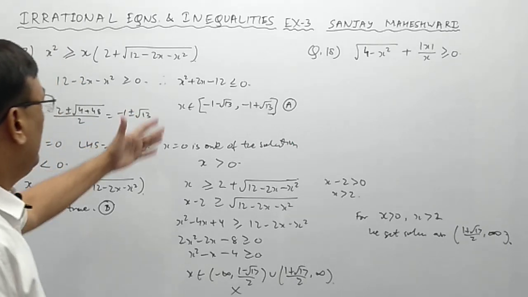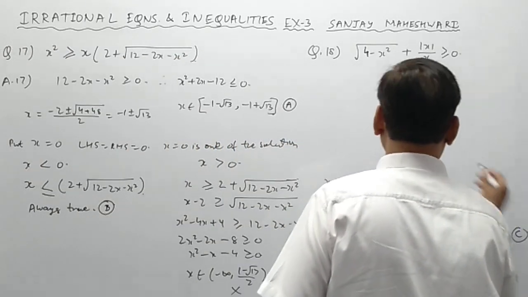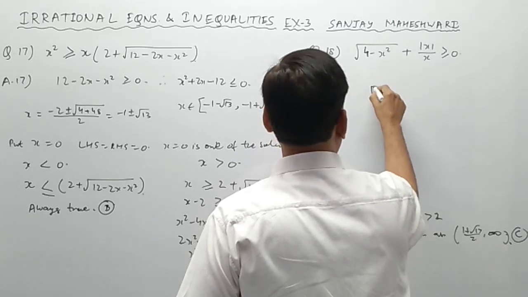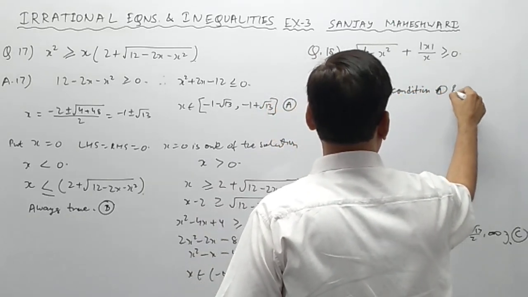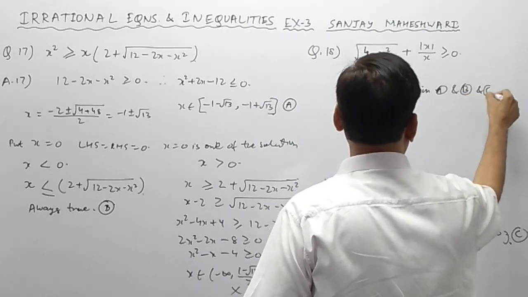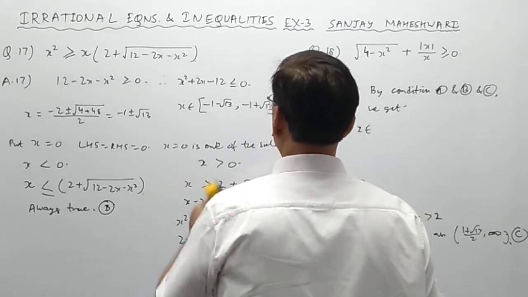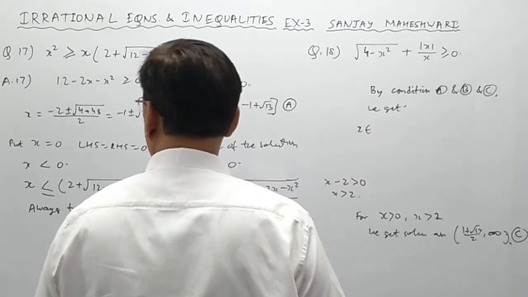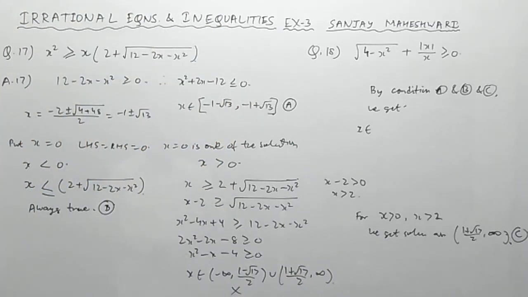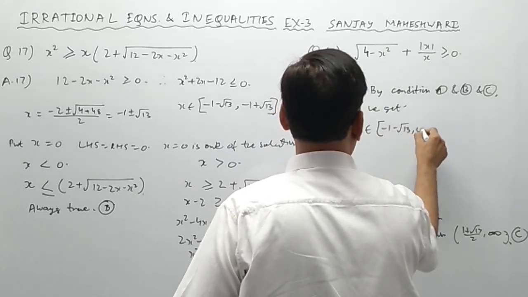Now we will match A, B and C. So by conditions A, B and C, we get x belongs to minus 1 minus root 13 to 0.